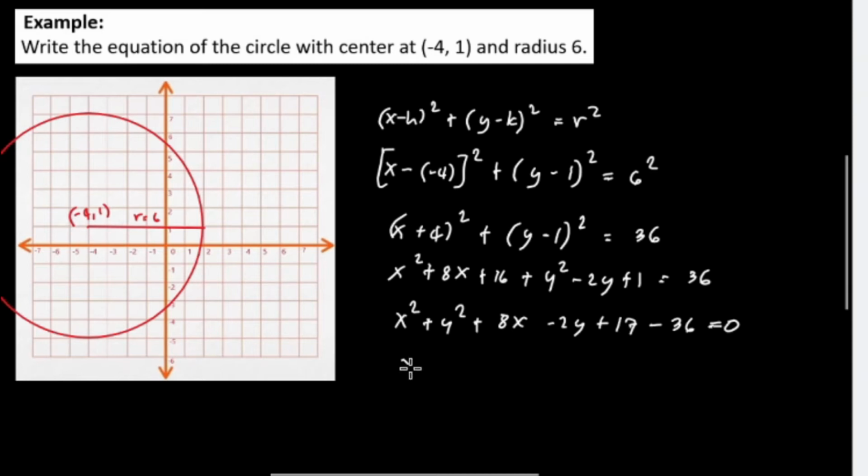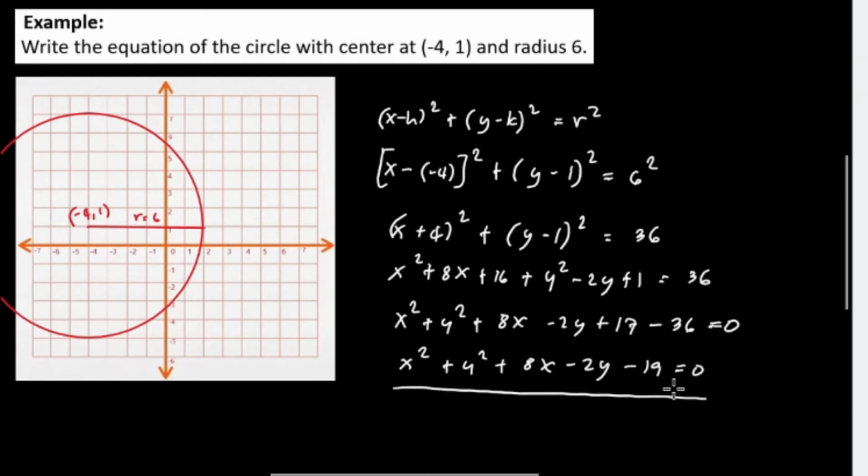Final simplification: x squared plus y squared plus 8x minus 2y, 17 minus 36, that's negative 19, equals 0. And this is the equation of the circle: x squared plus y squared plus 8x minus 2y minus 19 is equal to 0.